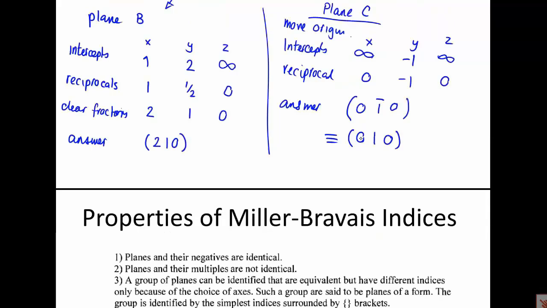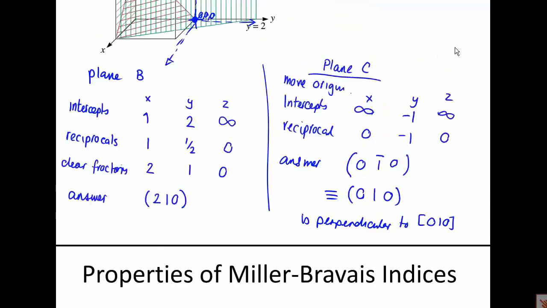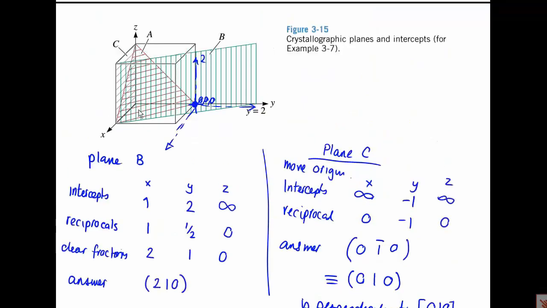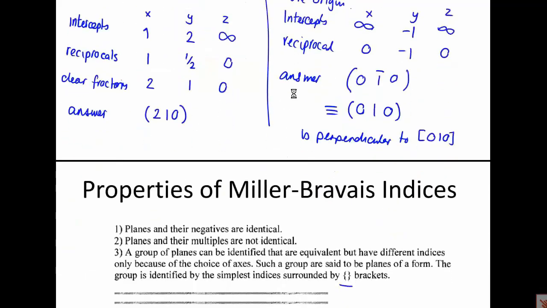So in this example, plane C, which has Miller indices of 0, 1, 0, is going to be perpendicular to direction 0, 1, 0. And indeed, we can see that plane C is perpendicular to the y direction.